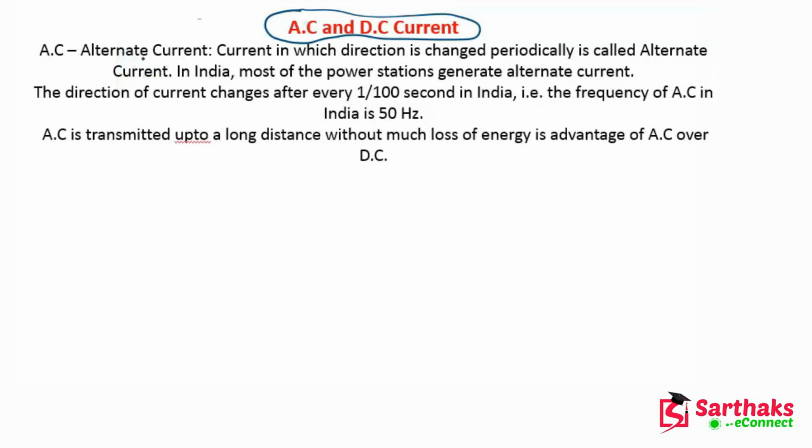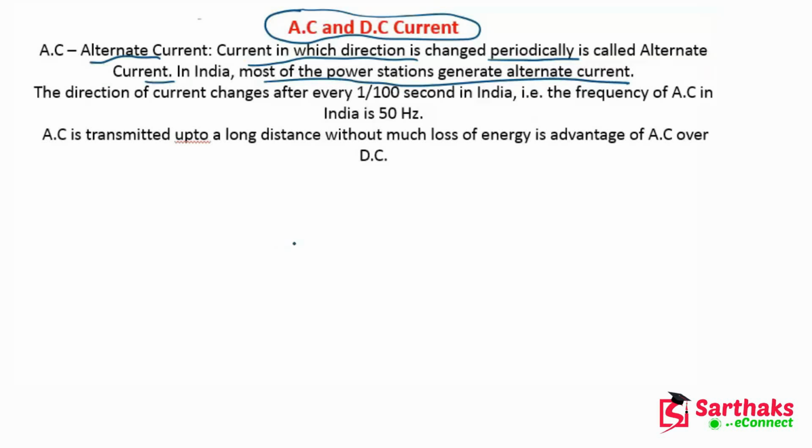So basically guys, we know that current in which the direction is changed periodically is called alternating current. In India, most of the power stations generate alternating current, so most of the equipment works on AC current. You have to be very careful at this point and remember that AC is used more widely than DC.